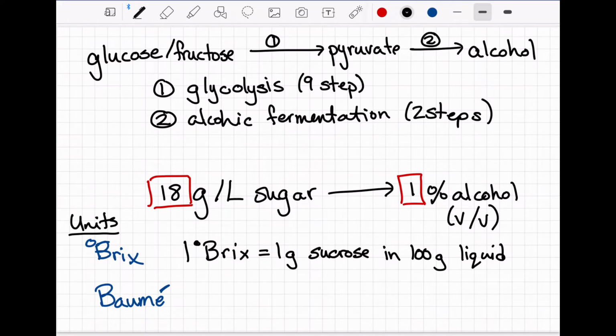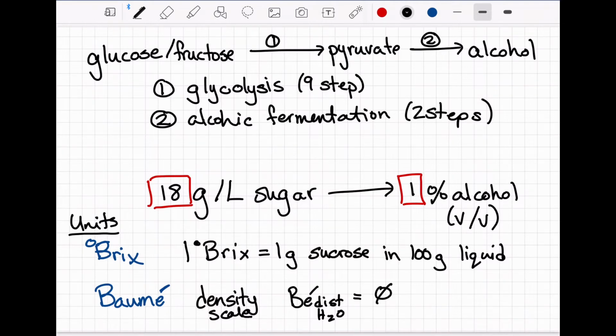Okay, there's also the Baumé scale, which is used in some regions around the world, and this is actually a density scale. And the thing I want to point out at this point with Baumé is that the Baumé of distilled water is 0.